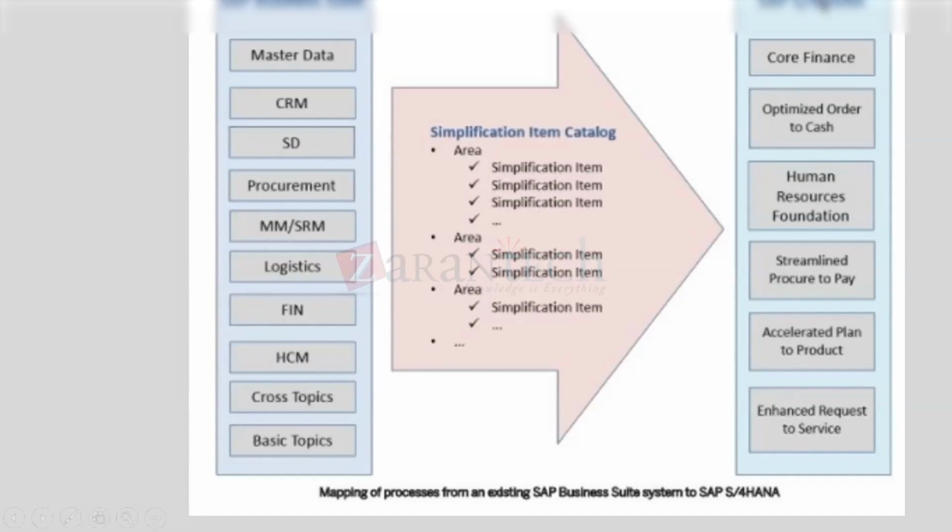Now this is S4 HANA. They have changed the naming convention of the software's functional modules or functional areas. In SAP terminology, as I said, in a business we had different departments, and to manage the different departments we had subsections of the software.